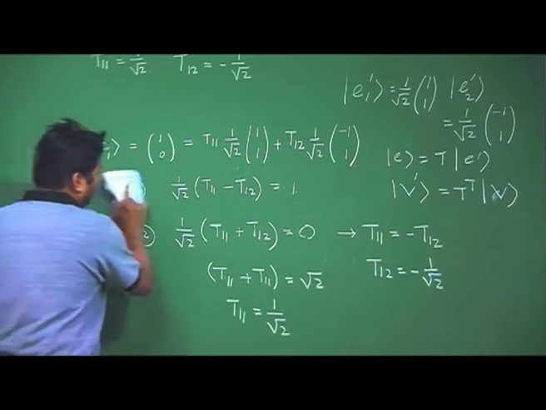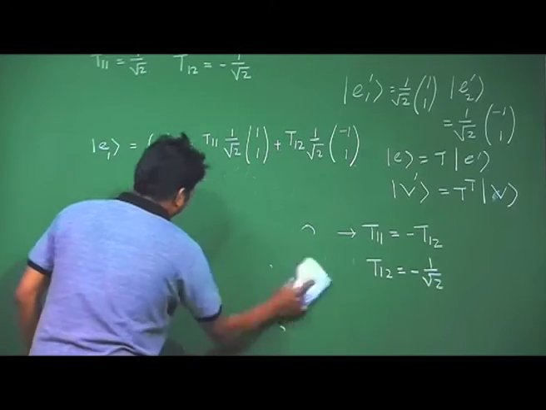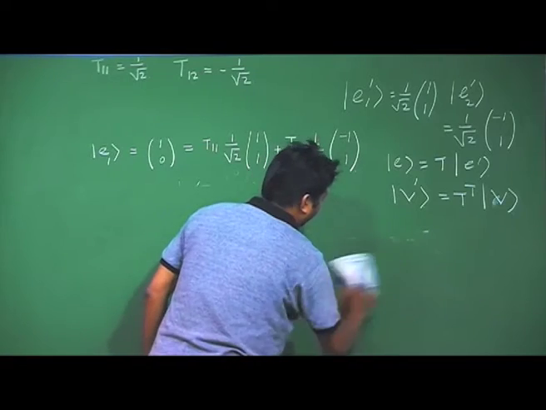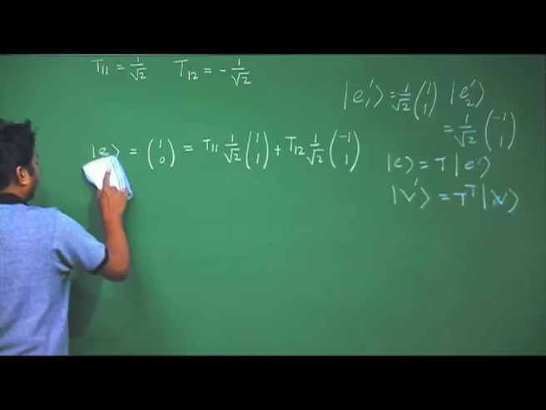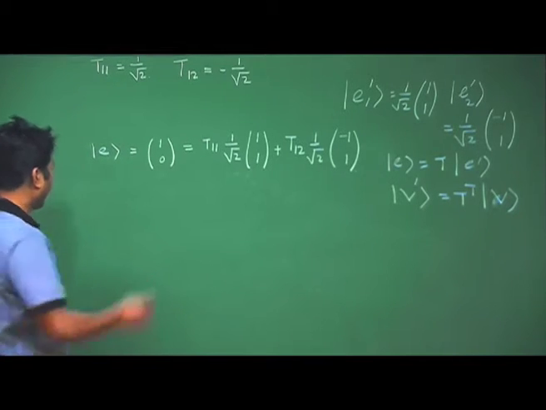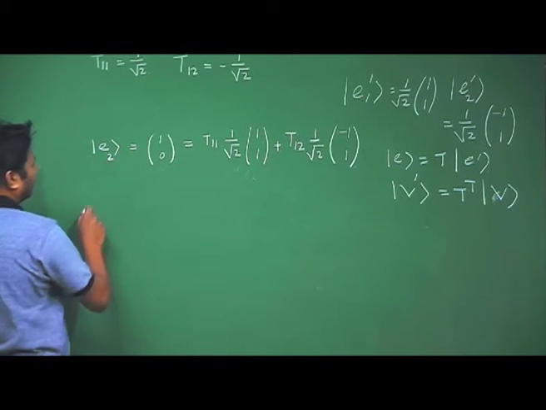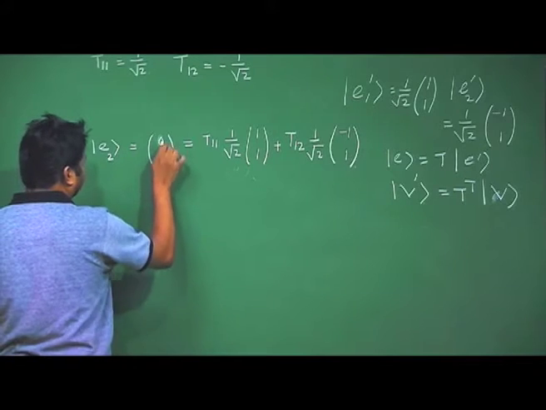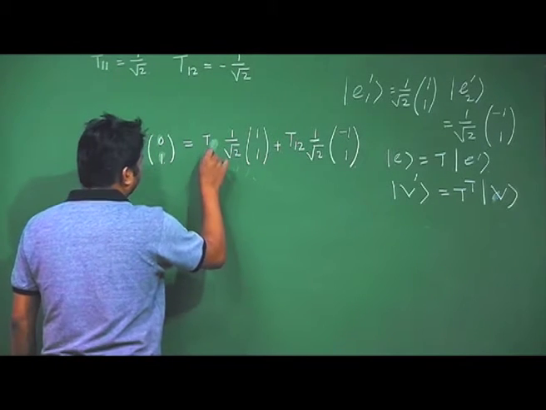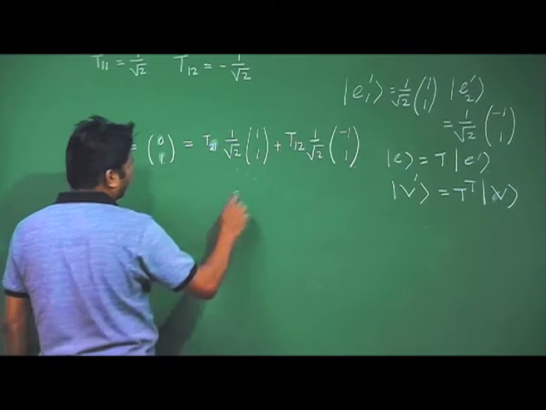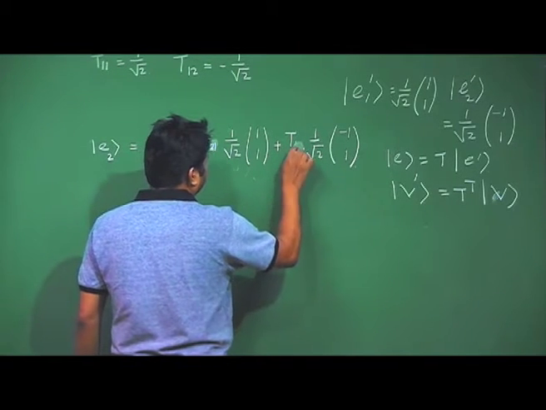Similarly, I will do the other equation, for other vector I can do the similar thing. So, I can write E2 which is 0 1. Now, this coefficient is going to change, I should write it as T21 and it is T22.